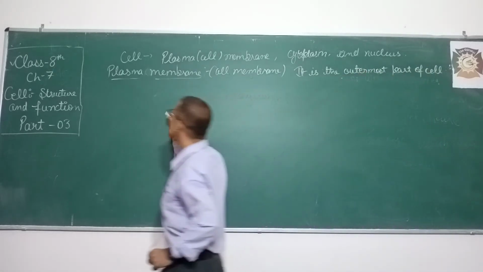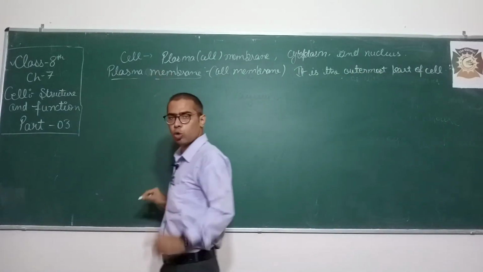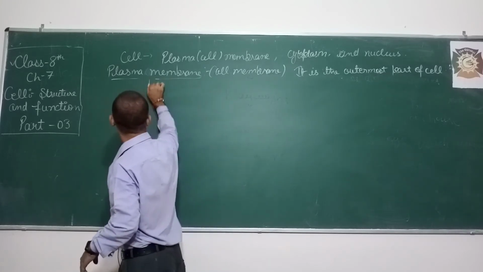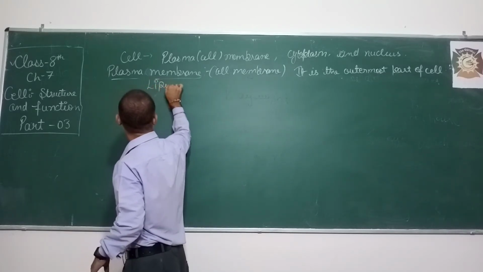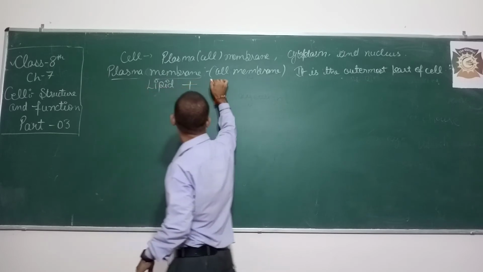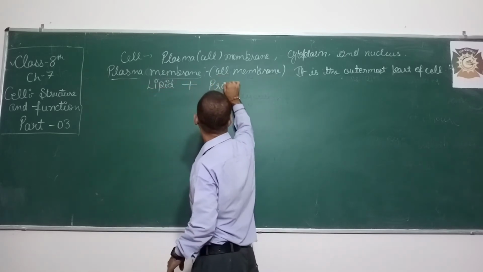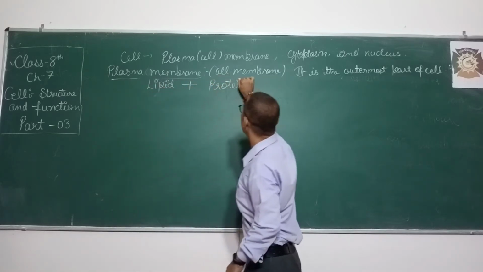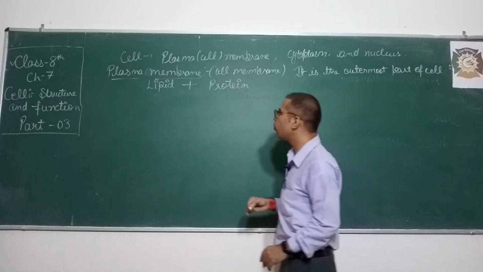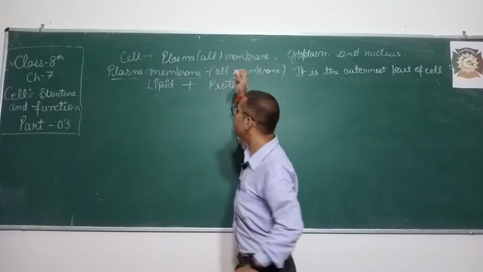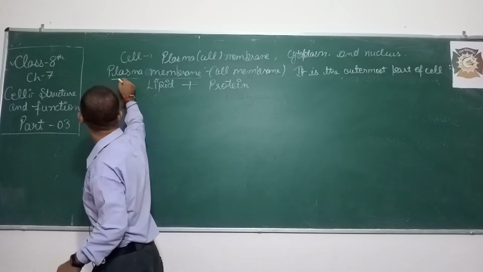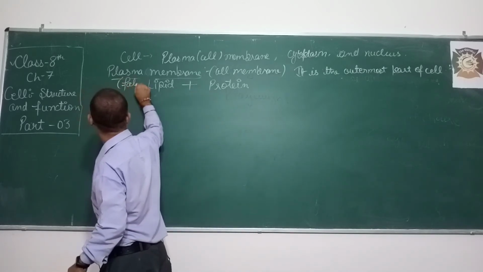It is made up of two main substances, lipid and protein. Now what is lipid? Lipid is basically fats.